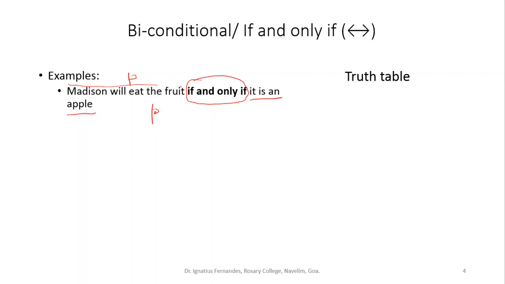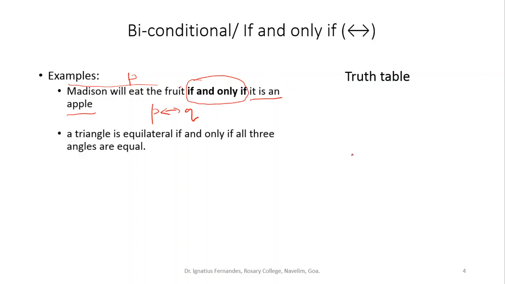So this statement is like P if and only if Q. When will you say that this statement is true? When P happens, then Q happens, and whenever Q happens, then P happens. That means Madhuri will eat the fruit only if it is an apple, and only if it is an apple, then Madhuri will eat the fruit. That is how it works.